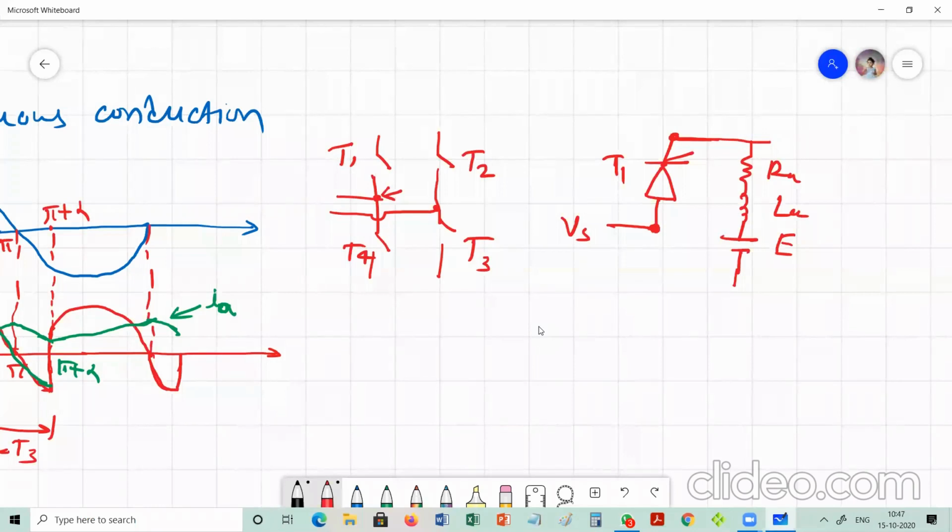When this switch will be reverse biased, when this potential is positive and this is negative.